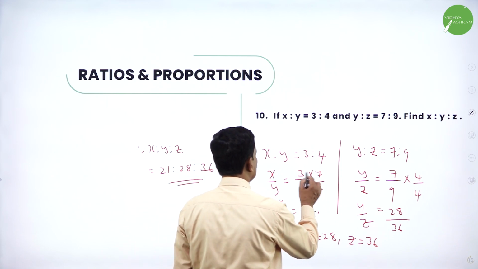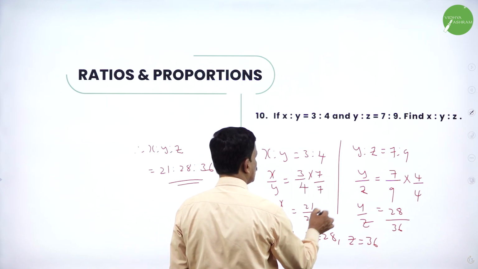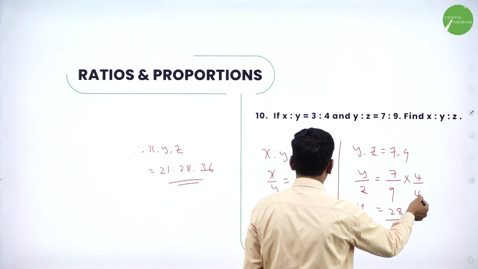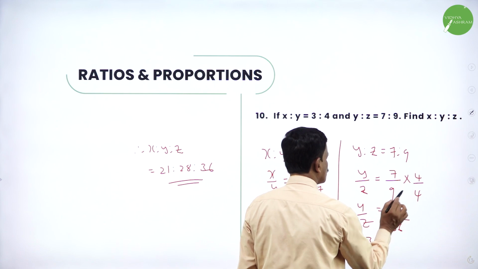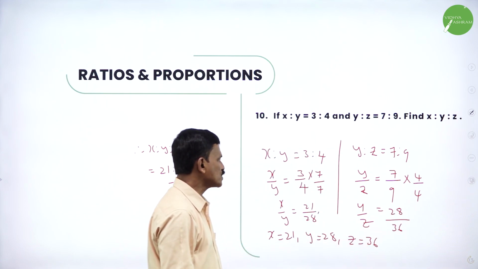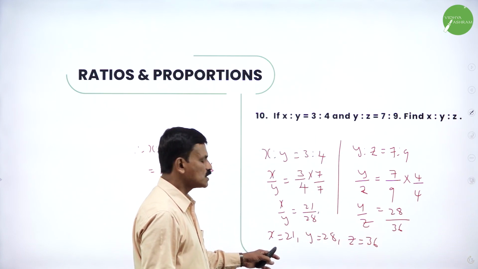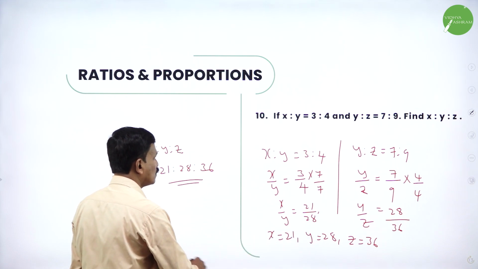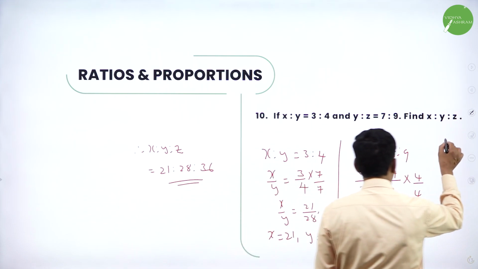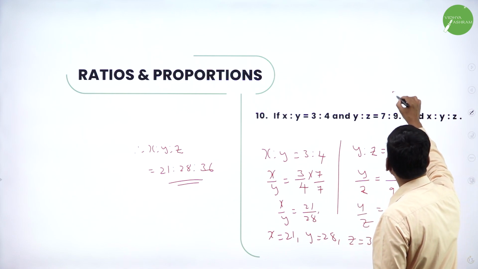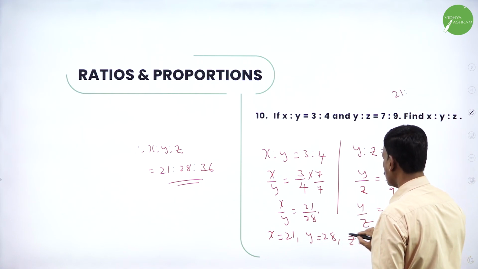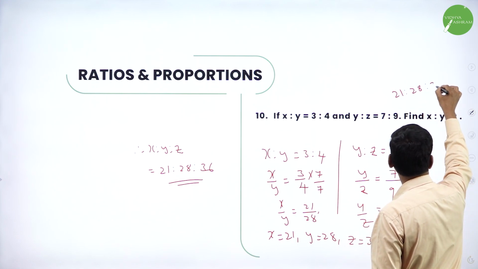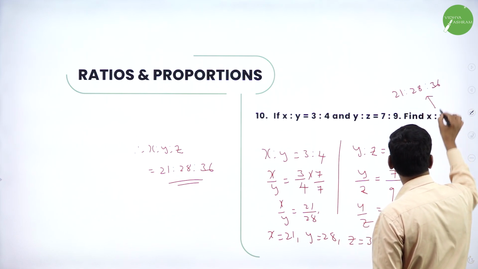So what will we get? 7 3s are 21 by 28. Again, Y by Z is equal to 7 by 9. Just multiply by 4. So 7 4s are 28 by 36. 9 4s are 36. So therefore, X is equal to 21, Y is equal to 28, and Z is equal to 36. The required ratio is X is to Y is to Z is equal to 21 is to 28 is to 36, which is the required answer.